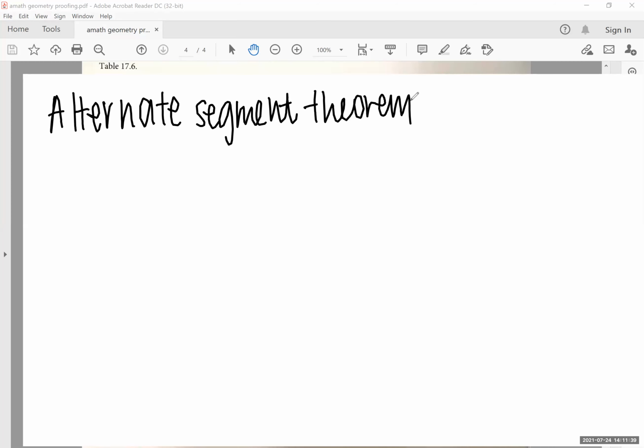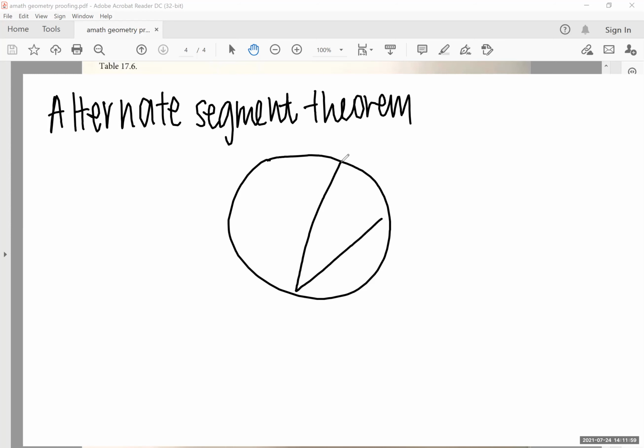Okay, what about this alternate segment theorem, if you look at your notes? Alternate segment theorem is basically, can you see this is a circle? When you have a circle, you need to be very careful. Usually we are trained to do quadrilaterals, but right now we have a triangle. Can you see that?